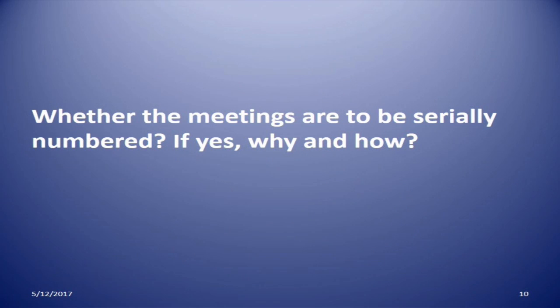Now the question arises how these meetings are to be numbered. For that, there is a guidance note to Secretarial Standard 1 which provides a detailed procedure for this numbering. Normally some companies have already numbered their board meetings. Suppose we are today in 2017 and a company was incorporated way back in 2000, and they have been numbering all their meetings.